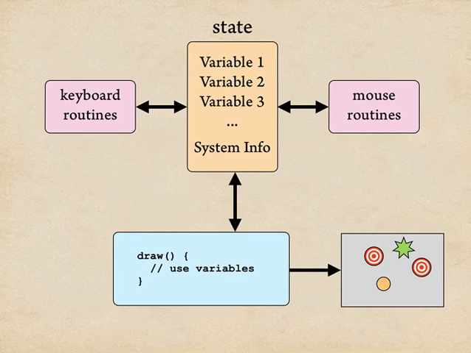And in particular, if the keyboard and the mouse change the variables, and those variables result in changed pictures, we will perceive that as responsive interaction. So the heart and soul of this picture is the yellow box that contains the state, or the global variables. As those change over time, the pictures produced by Draw change over time. And that is how we create motion and animation in processing.